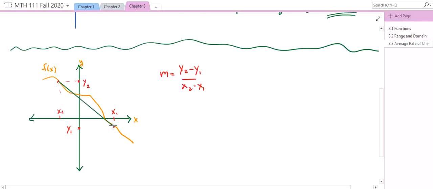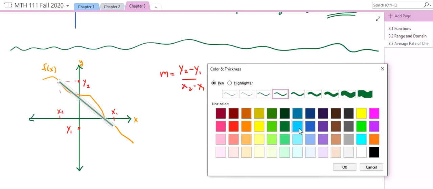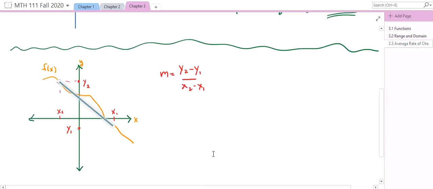So I'm drawing a secant line. Let's make it something other than green. Turn it into a blue line. So our average rate of change here is going to be that relationship. Well, we can think of it this way. We know that y2 really is just f of x2, and y1 is f of x1.